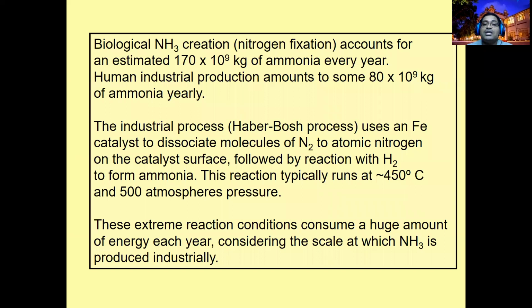But human industrial production through the Haber-Bosch process, which you may have studied at advanced level, produces only 80 × 10^9 kilograms of ammonia yearly. Our production is this much, microorganism production is this much. You see, it is double.